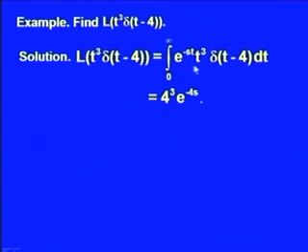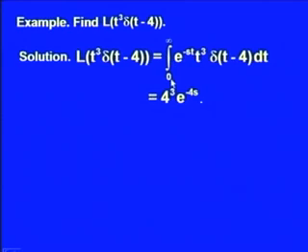So what do we have now? This can be identified with the integral over minus infinity to infinity of f(t) delta(t minus a) dt. Here a is equal to 4, and that integral will then reduce to the integral from 0 to infinity, because over the interval minus infinity to 0, delta(t minus a) is equal to 0.